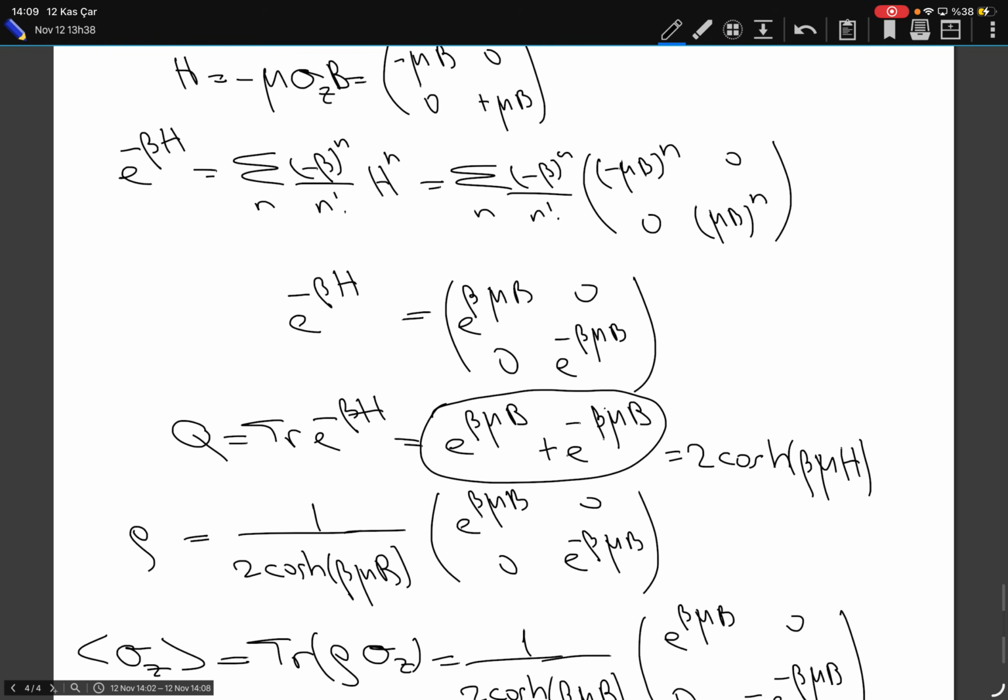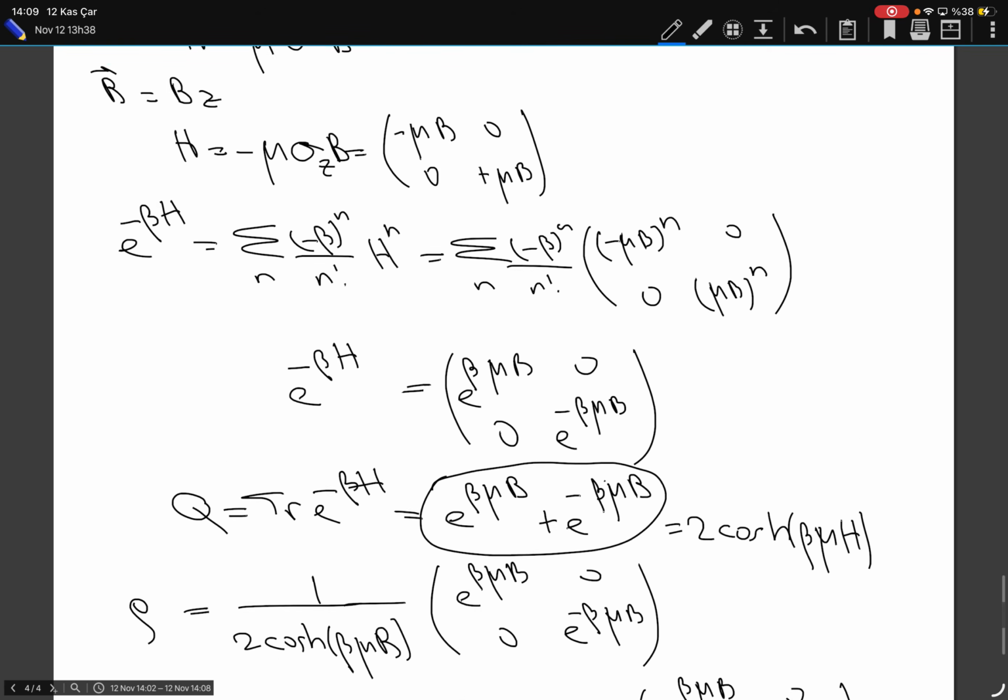Beta mu B and minus beta mu B are the energy levels of the two microstates, so that is the familiar expression for the partition function. So in a sense, we did recover what we had done before. But now at least we know that the framework is consistent with quantum mechanics.